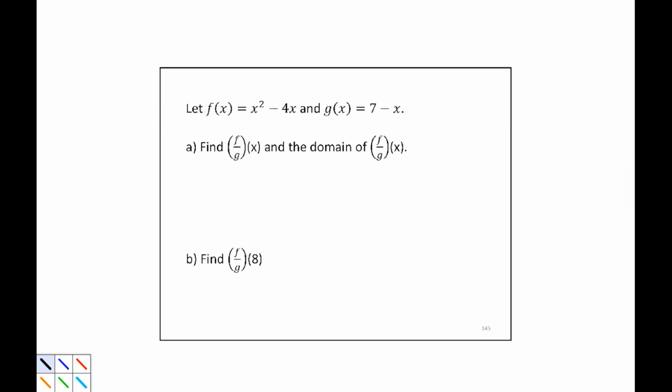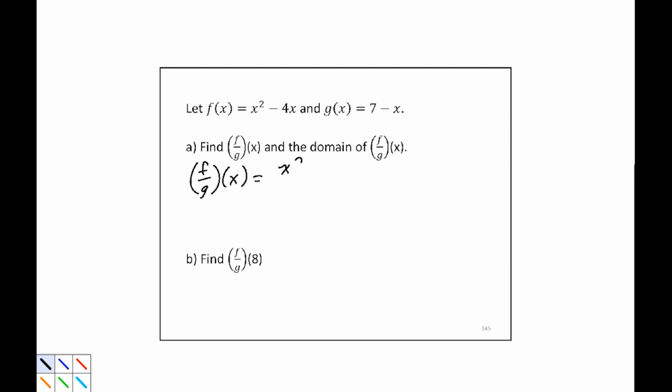Our next example with these operations, we need to find f divided by g of x, the domain of f divided by g of x, and find f divided by g of 8. And our two functions, we have f of x equals x squared minus 4x, and g of x equals 7 minus x. So let's first find f divided by g. By definition, that is f of x divided by g of x.